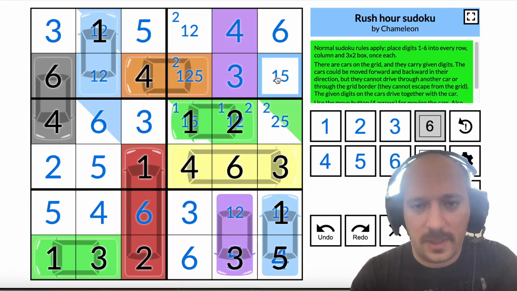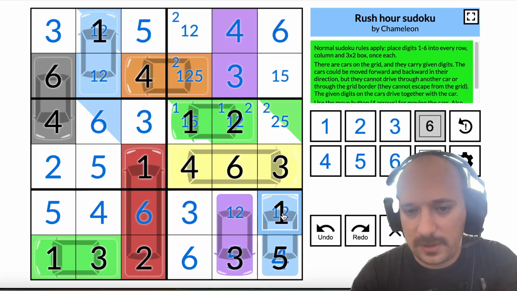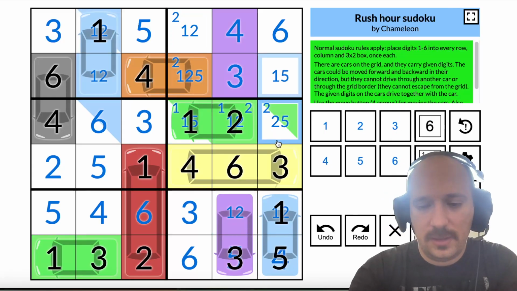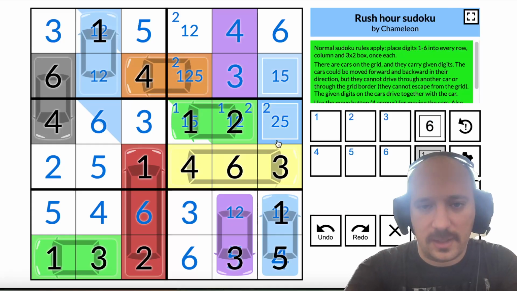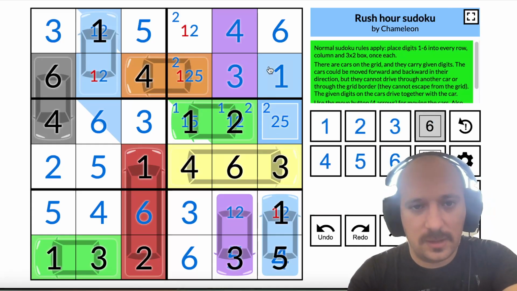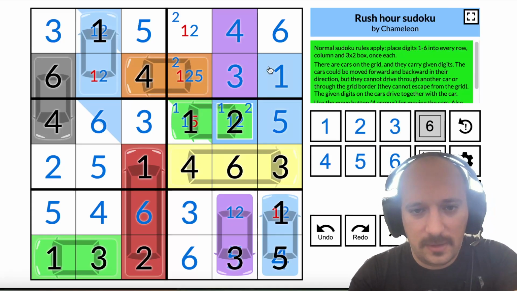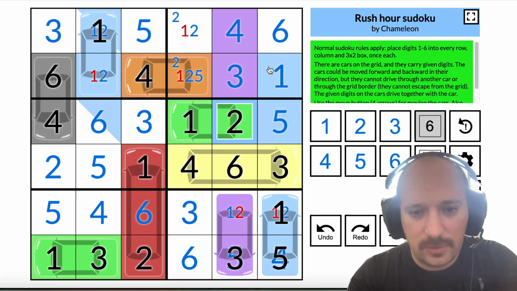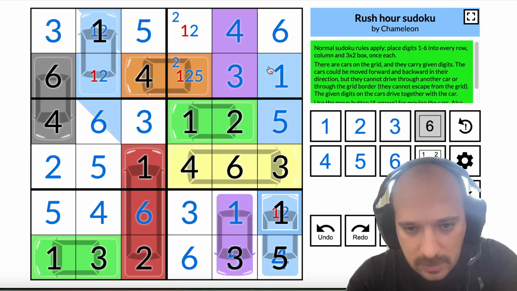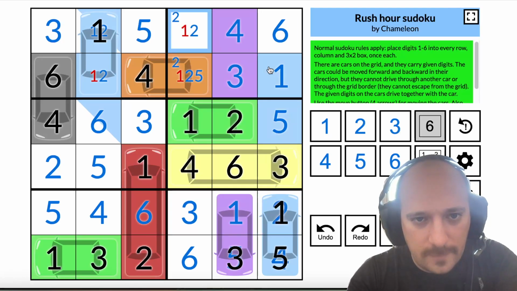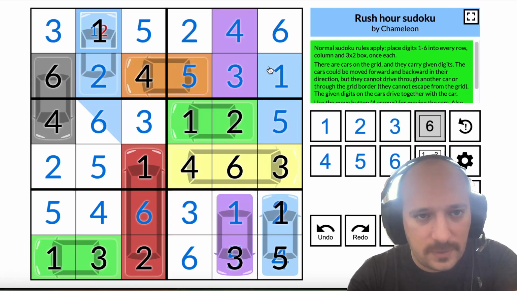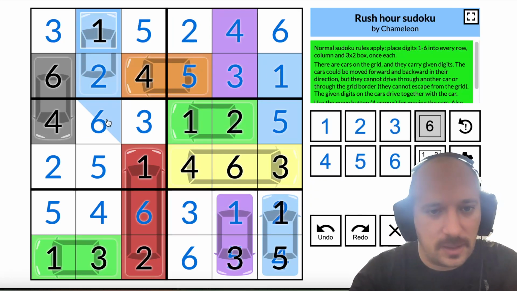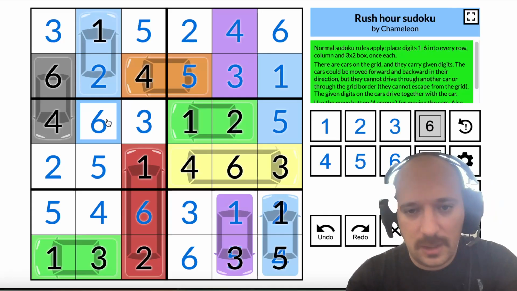So that's 1 or 5. So it clearly belongs to this one. So we could actually say that that's the blue one. It's 1, 5. That's the green one. It's 1, 2. 1, 2, 2, 5, 2, 1, and that's how the blue one goes.